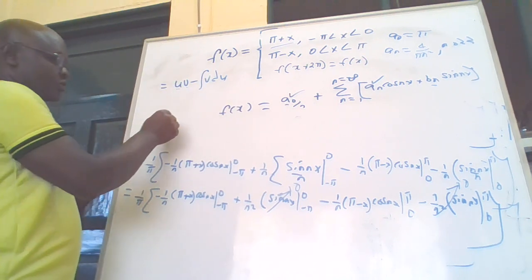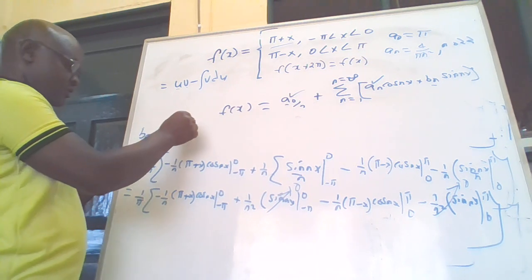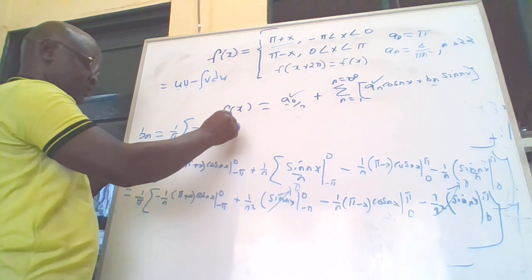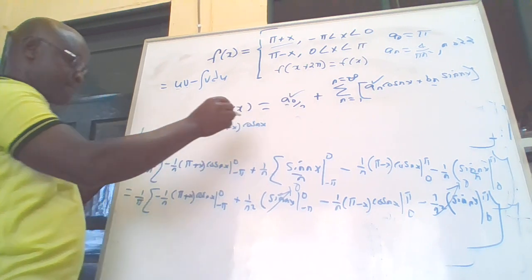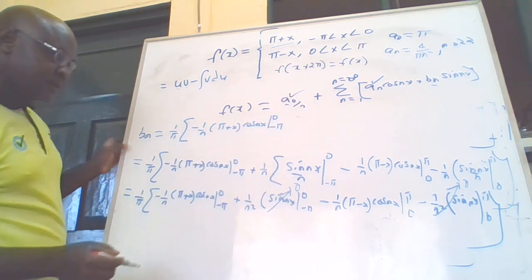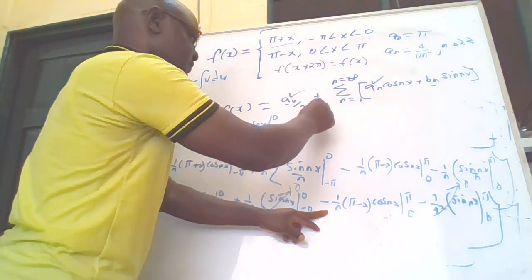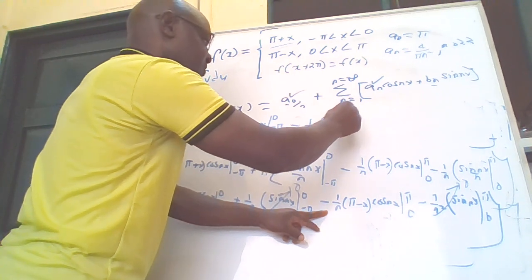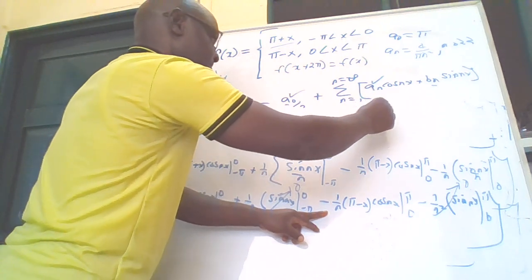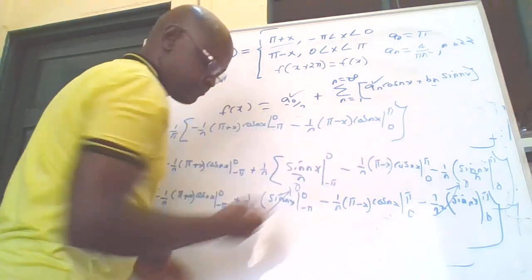So our Pn then will be equal to 1 over pi into, we now have minus 1 over n into pi plus x cos nx from negative pi, then we have minus 1 over n pi minus x cos nx, like that.